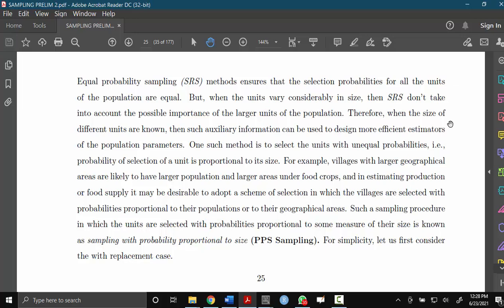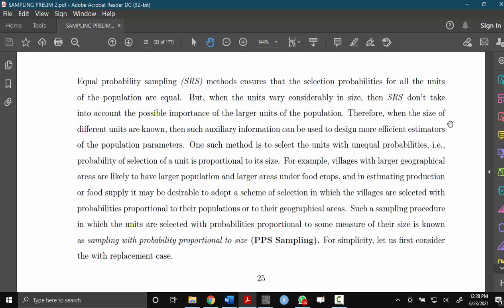So since the area of these units, or the size of the units, is not the same, it varies from one unit to another, and the probabilities are proportional to these sizes. So units are selected according to different probabilities.